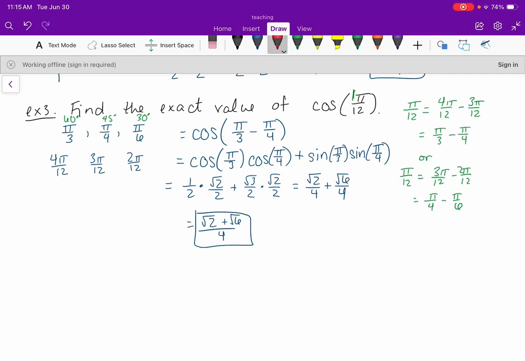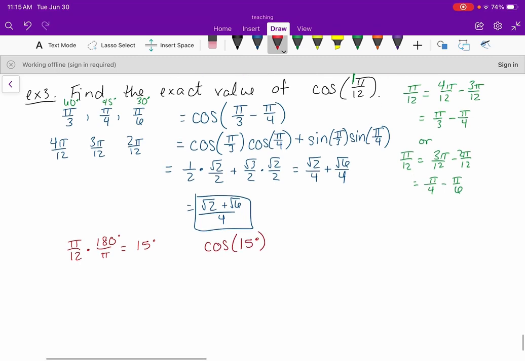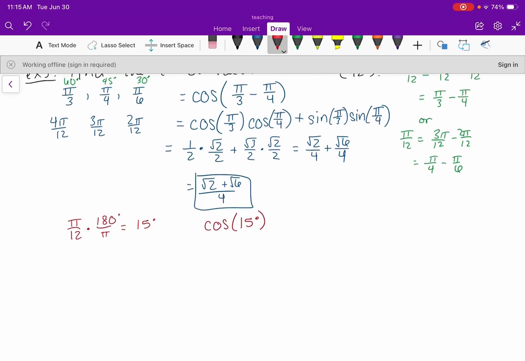If I had wanted to just switch that to degrees, pi over 12 times 180 over pi is 15 degrees. So I could have done this same work, but just said, okay, cosine 15 degrees, and I could do 60 minus 45, and all the work would have been exactly the same.